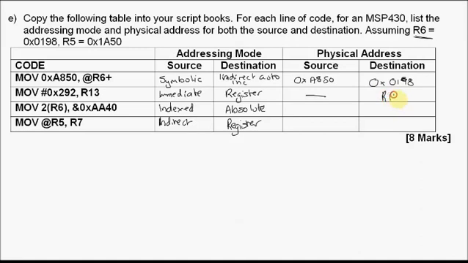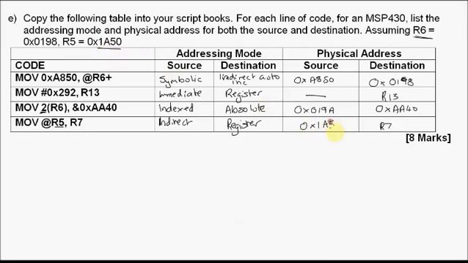For a register, it's just the register name, so we'll fill in both of those. For indexed, we look at what that register points to, 0x198, and we add the offset of 2 to it, so it's 0x019A. Another absolute one, so 0xAA40, and we go to register 5, it's indirect, and we put our value in there.